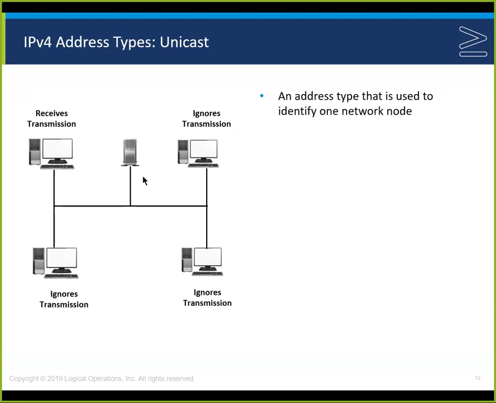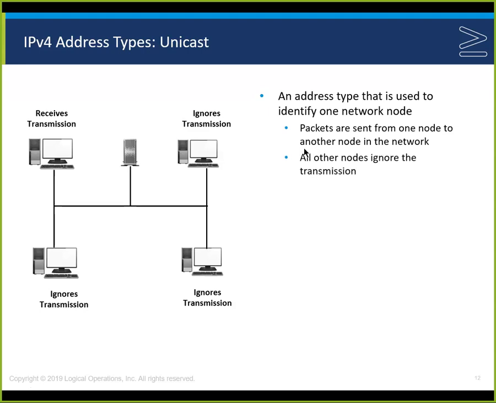The unicast, I don't know that we necessarily need it, but we have a nice picture here for it: an address that is used to identify one node. Packets are sent from one node to another node. When you went this morning to LeaderQuest, or just to get here to the Zoom, you went to an individual IP address, and it was resolved, and we'll look at DNS, resolved from the name to an IP address.